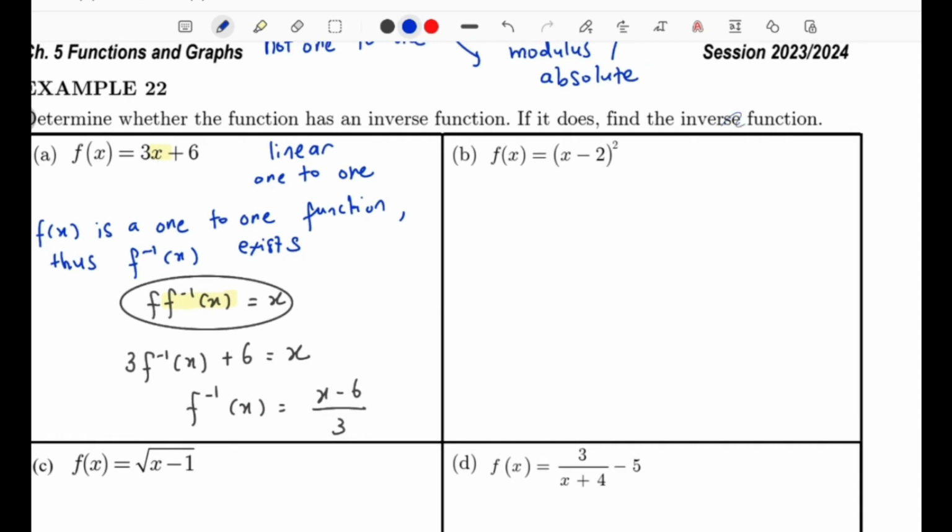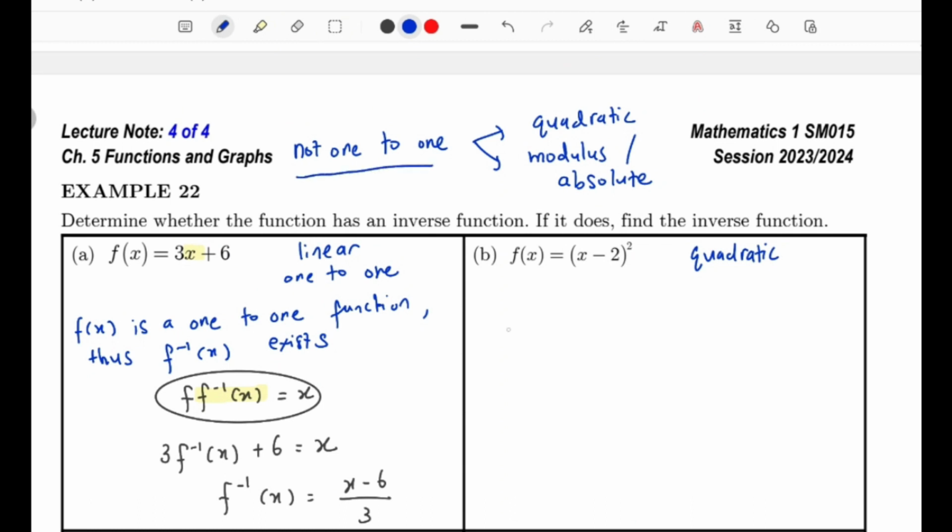Next, b, this is a quadratic function. Quadratic is not a one-to-one function.